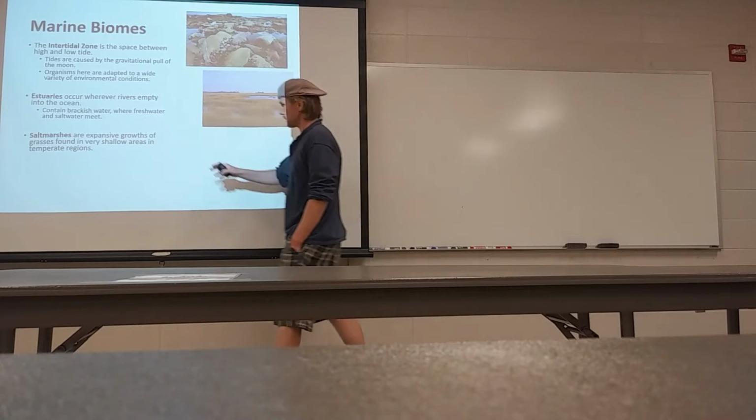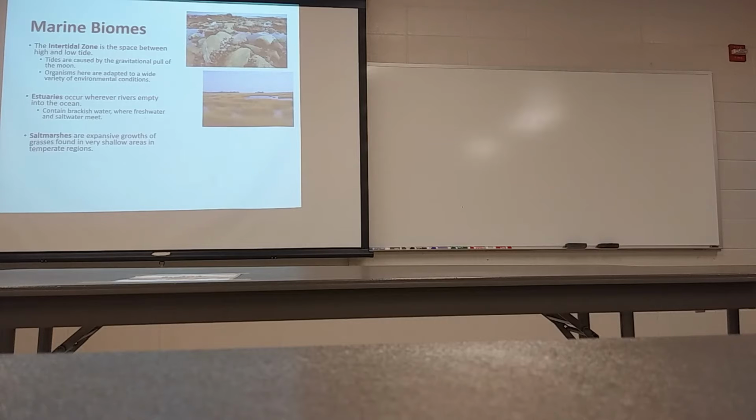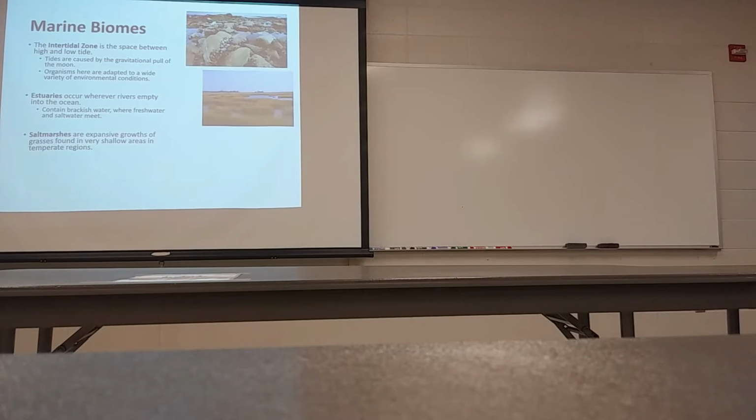Salt marshes are another marine biome, a coastal biome. These occur in very shallow expanses in temperate areas. If you were to go along the northeast coast, if you were to go along the Gulf Coast, you would find massive expanses of salt marsh grasses. Lots of primary production happening, not a lot of plant diversity here.